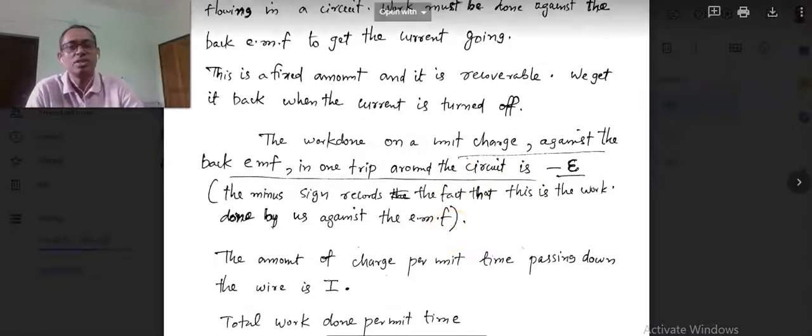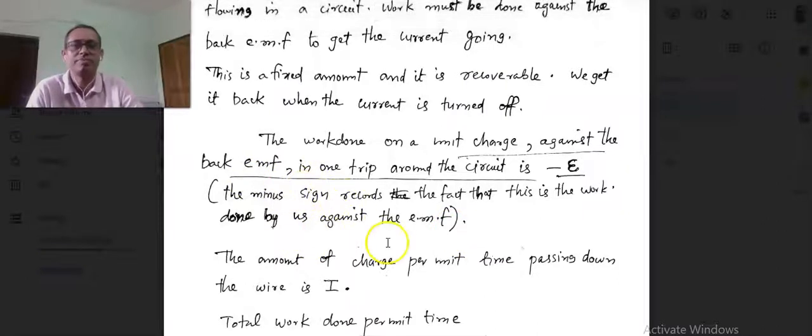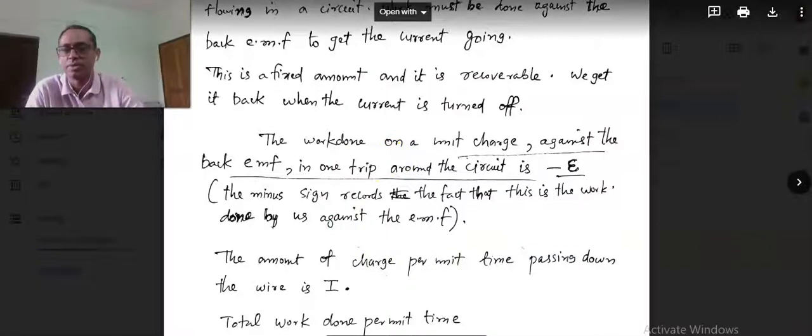Work done on a unit charge against the back EMF in one trip around the circuit, that is the work done on a unit positive charge against the back EMF in one round trip around the circuit, which is equal to minus epsilon.